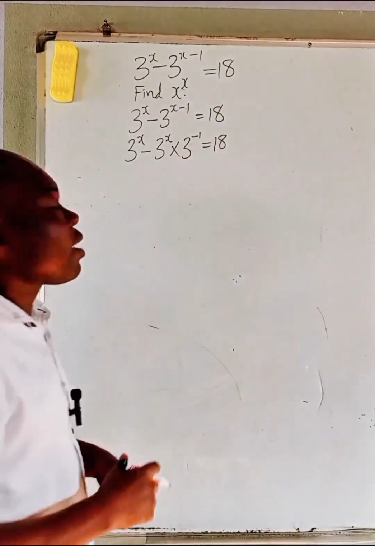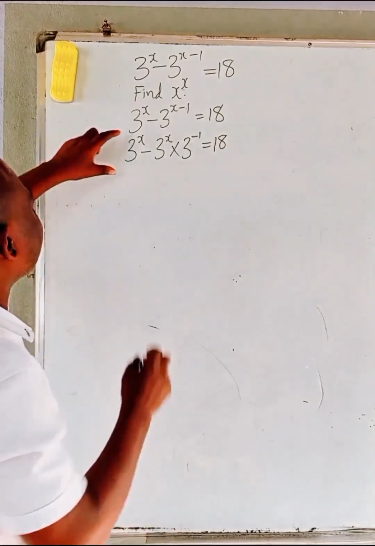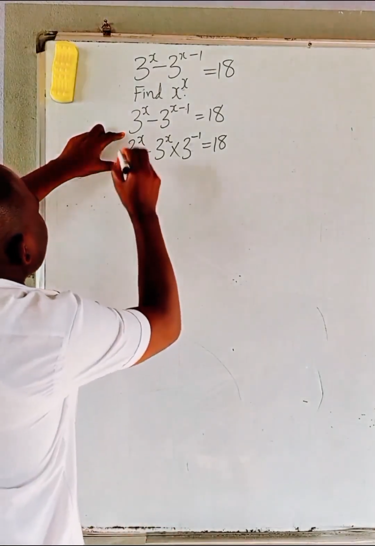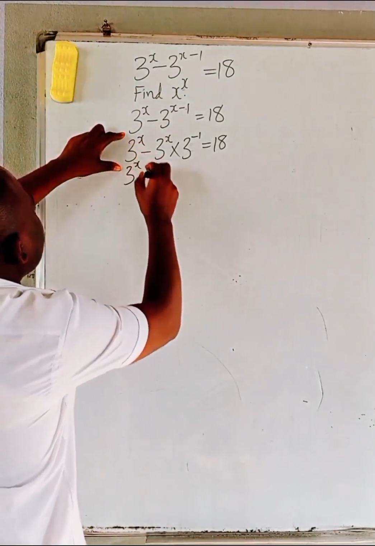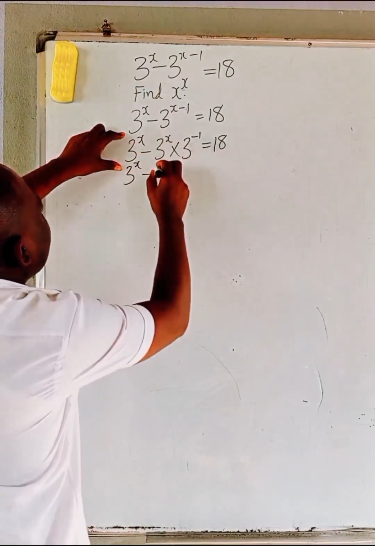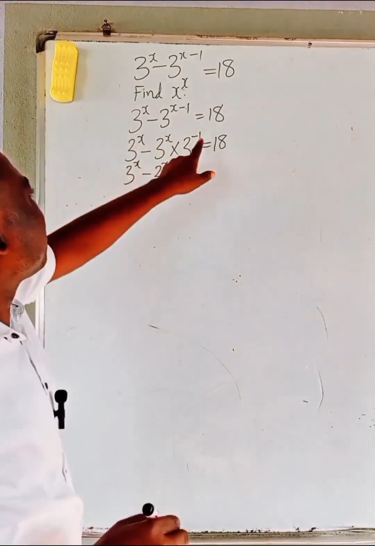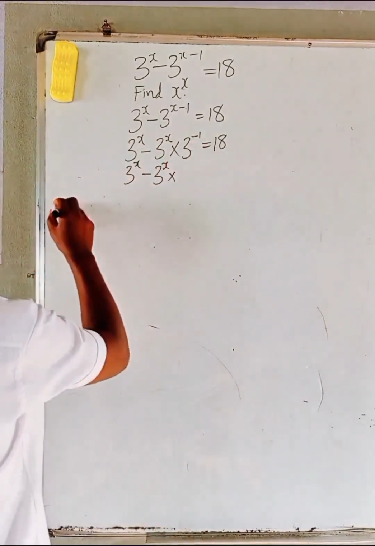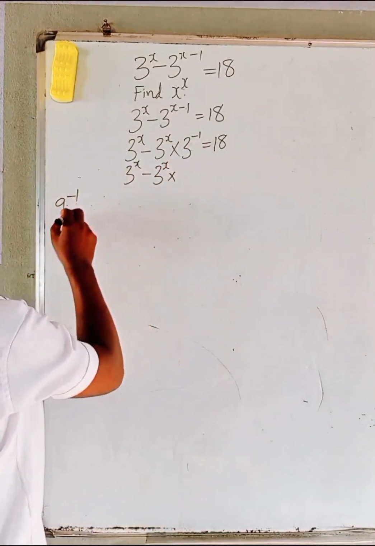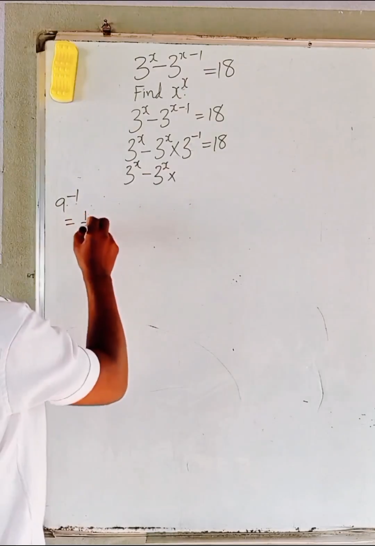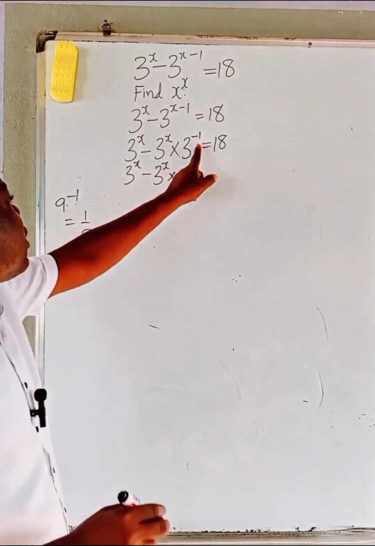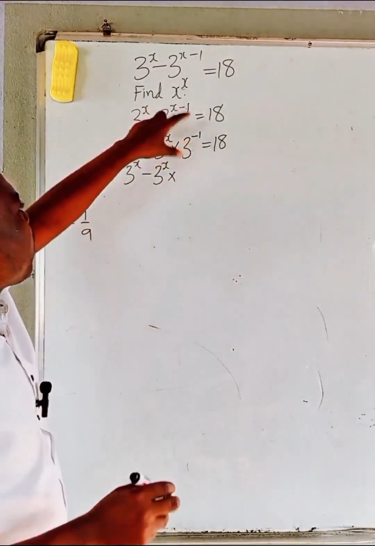We solve it. What we have now becomes 3 raised to the power of x minus 3 raised to the power of x times, and when you have a raised to the power of negative 1, it is the same thing as 1 over a. So we turn this to 1 over 3.